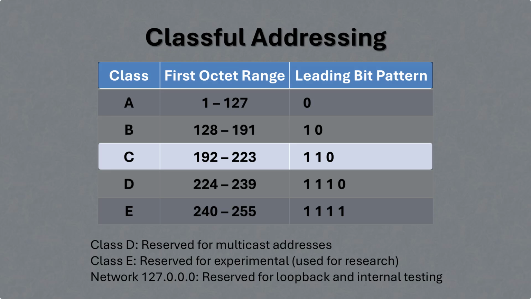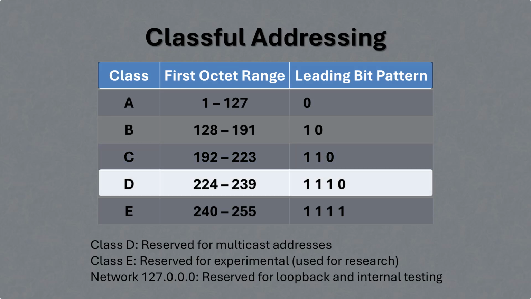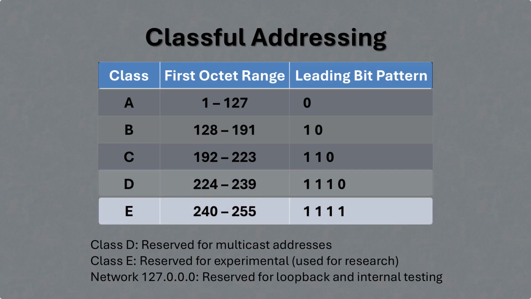The leading bit pattern is 110. For Class D addresses, octet 1 is between 224 and 239. The leading bit pattern is 1110. For Class E addresses, octet 1 is between 240 and 255. The leading bit pattern is 1111.